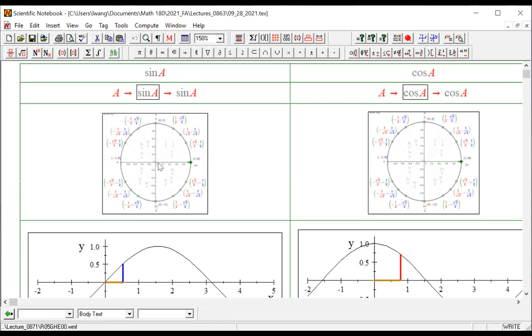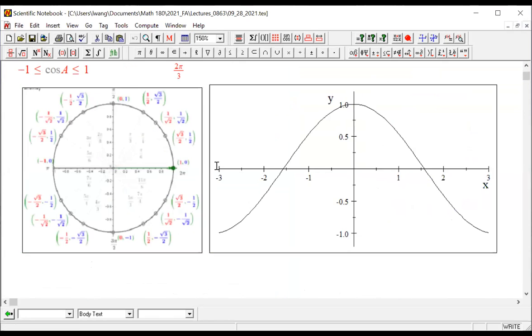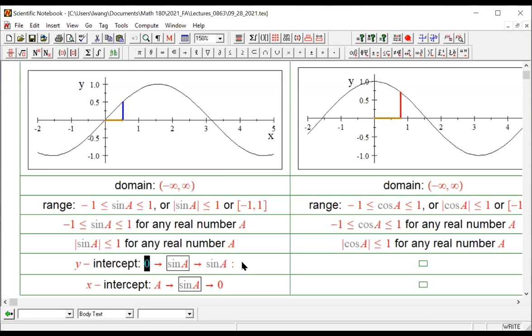Because when the angle is 0, the terminal side overlaps with the standard position. So in that case, the blue number 0 is for sine of 0. So the y-intercept is 0, 0.